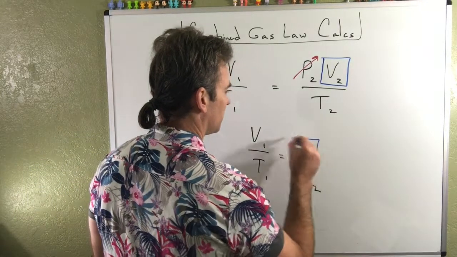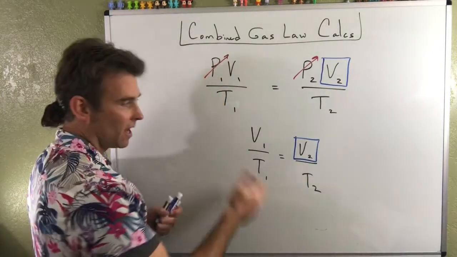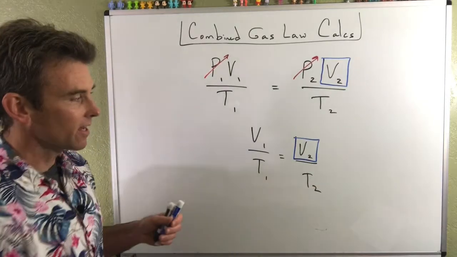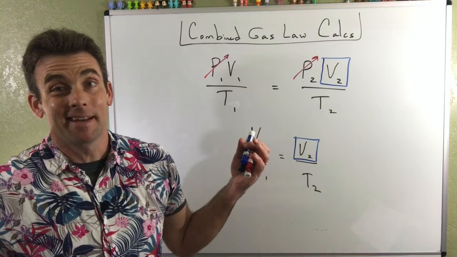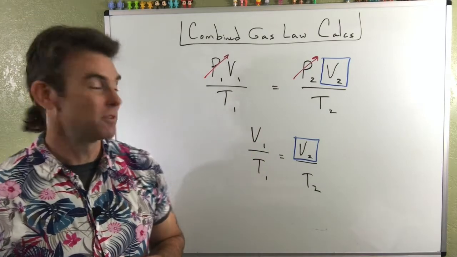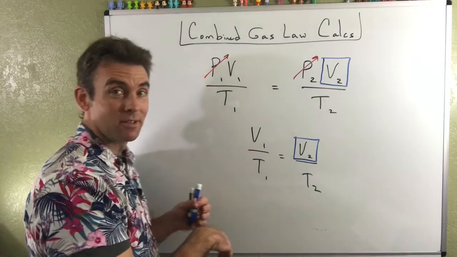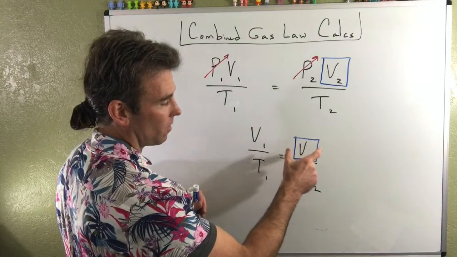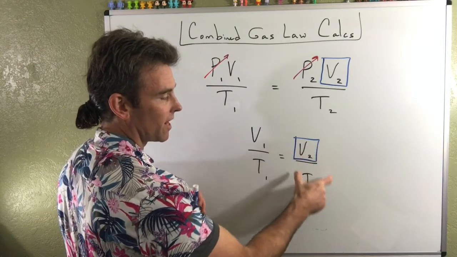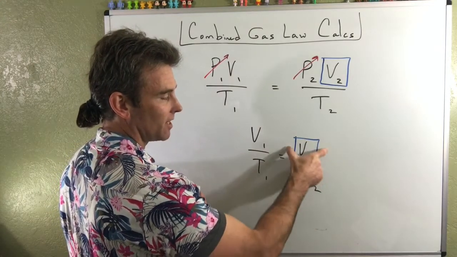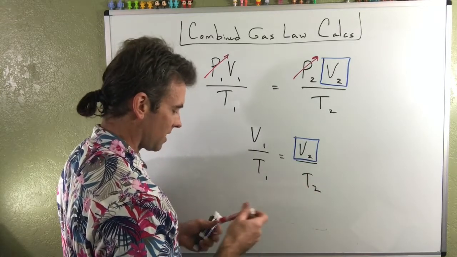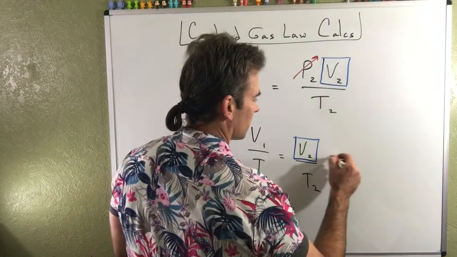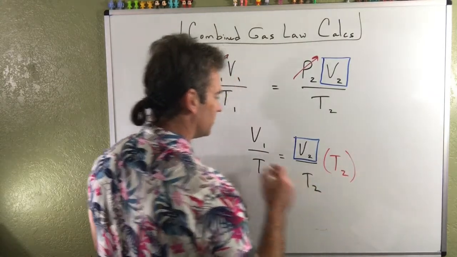Remember that we're solving for V2. Just like before, algebraically, I like to do all the algebra with just the variables, and this is something I say you do a lot in physics and chemistry. If you want to plug in the numbers, go for it. But what we have here is a division, so the way that I get rid of a division is a multiplication. So I'm going to take both sides and multiply by T2.